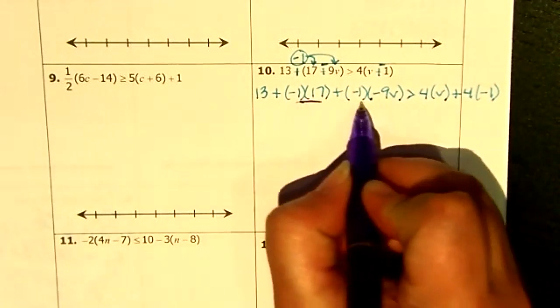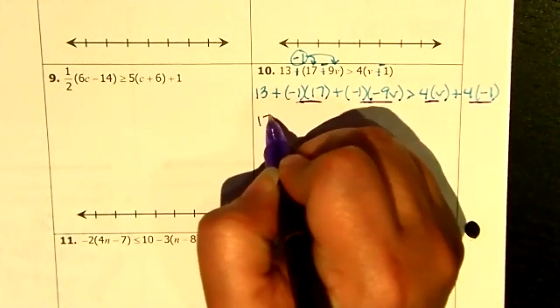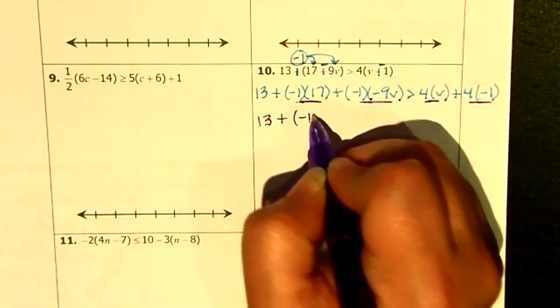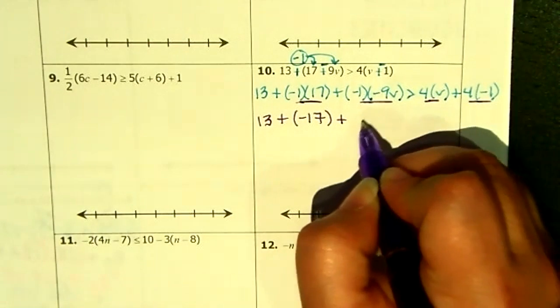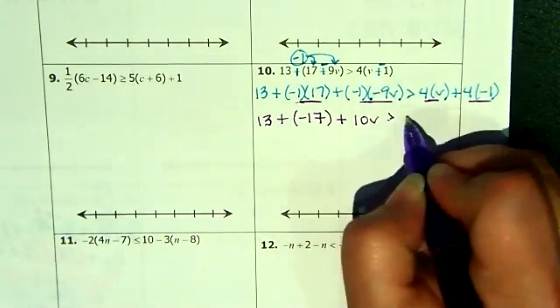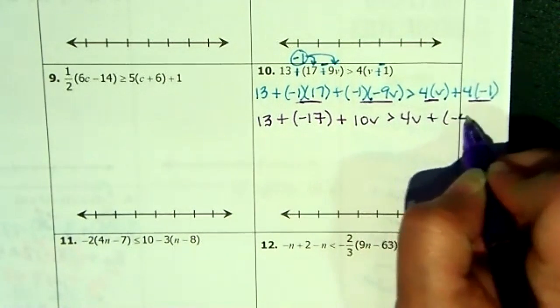Now we're going to do this multiplication of each one of these. So now I'm going to have 13 plus negative 17 plus 10v is greater than 4v plus negative 4.